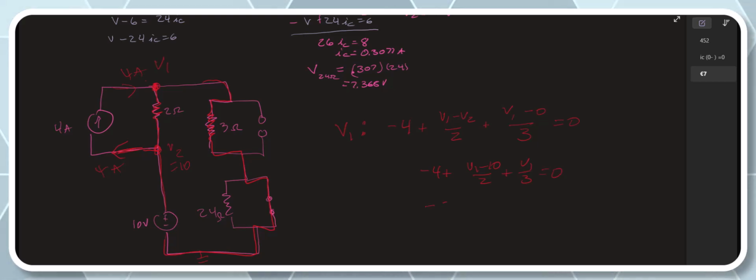I multiply by 6: minus 24 plus 3V1 minus 30 plus 2V1 equals 0. 5V1 equals 54. V1 equals 10.8 volts. So I have 10.8 volts here.